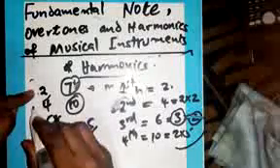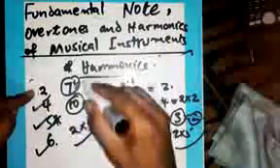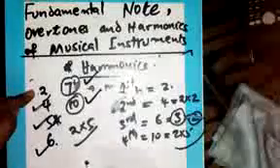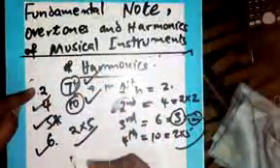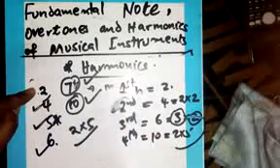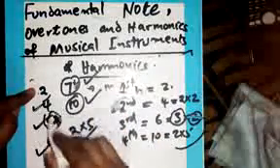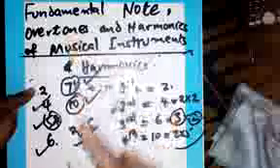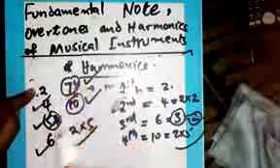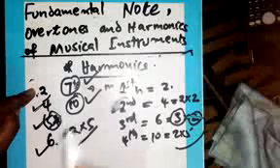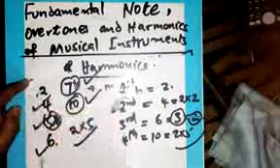Therefore, this is an overtone, this is an overtone, and so on, because all of these are greater than 2. But are all of these harmonics? No. Why? 5 is not a harmonic because it is not a multiple of the fundamental frequency. 7 is not a harmonic because it is not a multiple of the fundamental frequency.